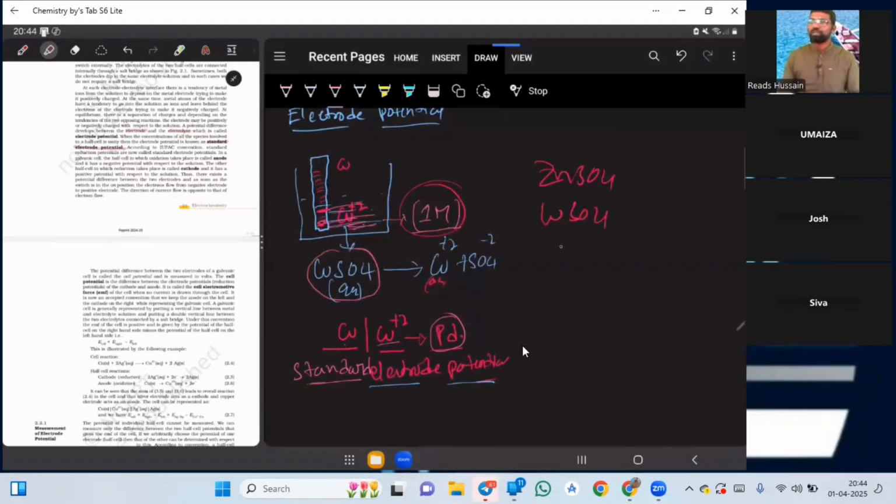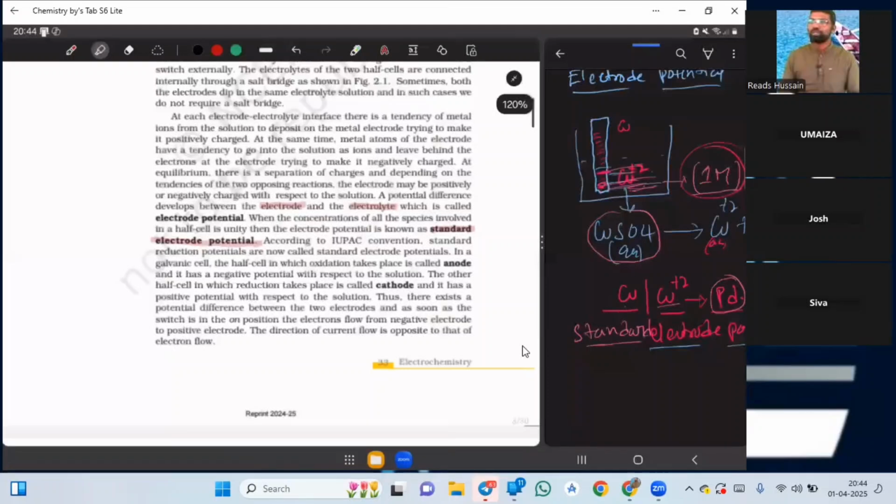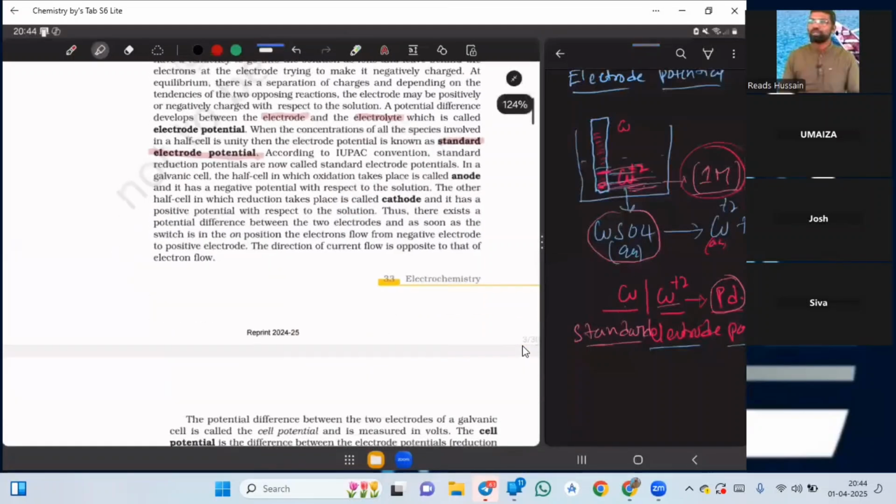For example, if I take lithium chloride LiCl solution 1 molar, then it is the standard electrode potential of lithium. Similarly, if I take sodium sulfate Na2SO4 1 molar solution, then you will get the standard electrode potential of sodium. Whatever solution you take, if its concentration is 1 molar, this electrode potential is called standard electrode potential. So this is electrode potential and standard electrode potential.